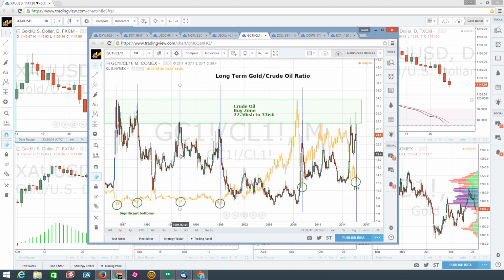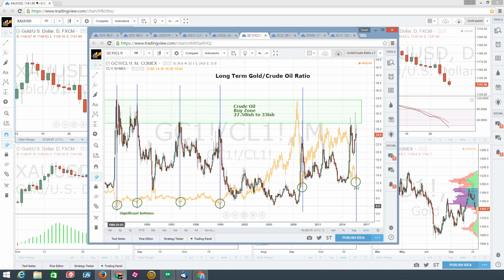When the price of gold rises or oil weakens, it causes the ratio to move up to 27.50 or up to 33 or so. That's a really good indication that crude oil could be putting in a significant bottom. And you can see that every time we've hit this green zone here, you follow the blue line down, we've seen significant bottoms in crude oil.